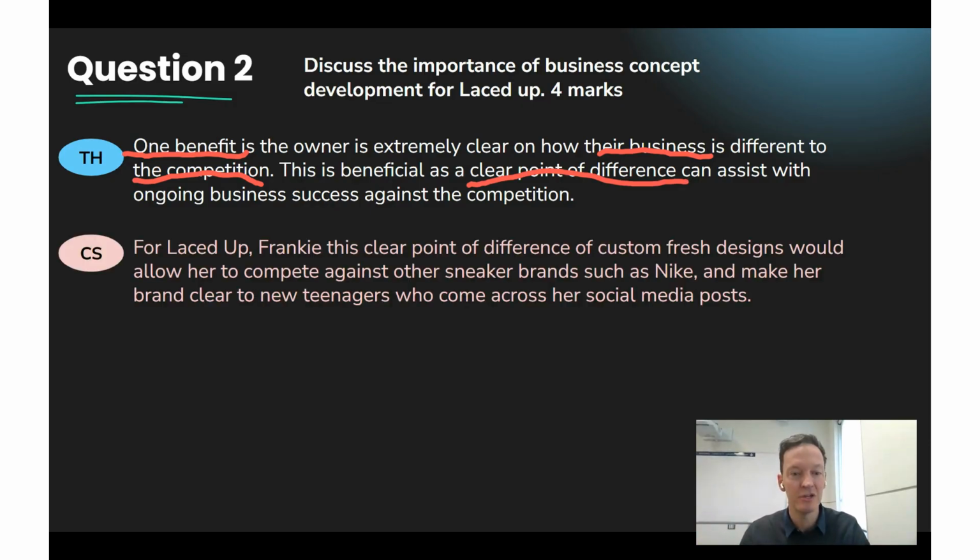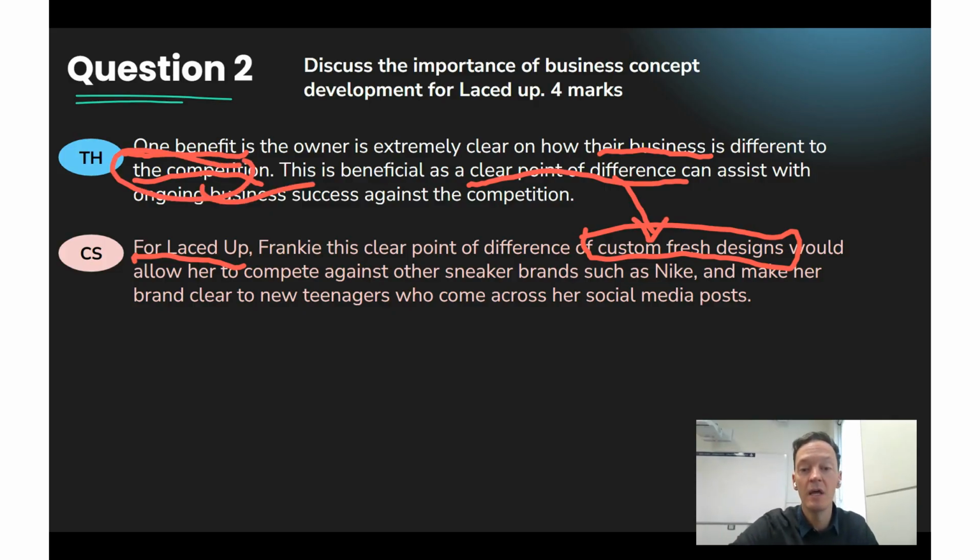And now we do the application. Here we go. 4 Laced Up. Signpost your answers. Frankie, for Laced Up, Frankie has this clear point of difference of custom fresh designs. So I'm replacing this idea with a more specific one. Would allow her to compete against other sneaker brands.